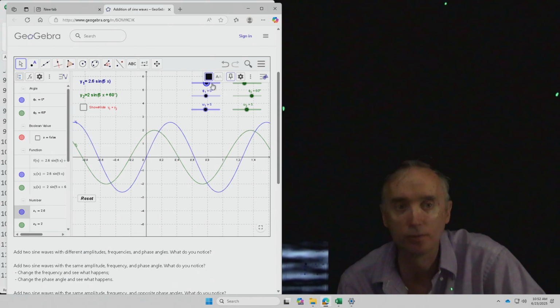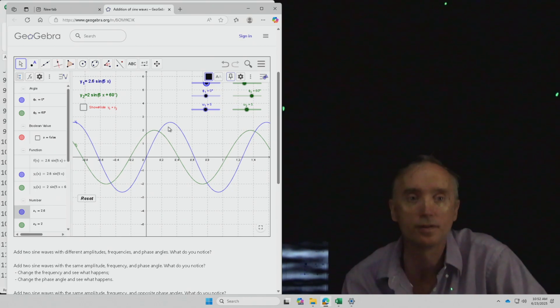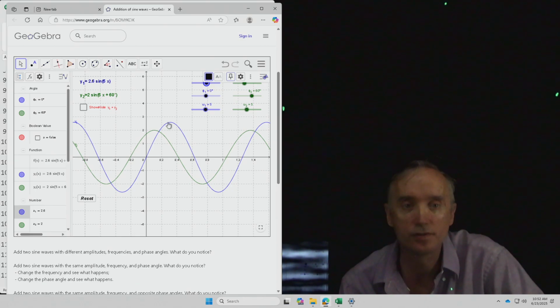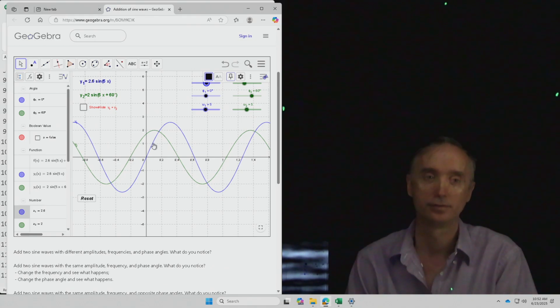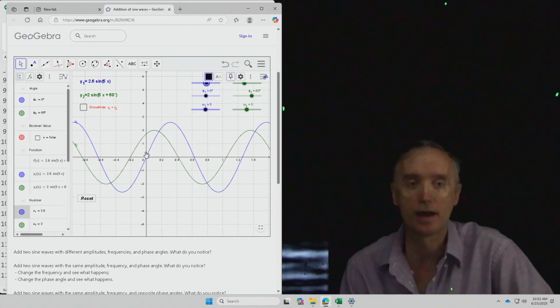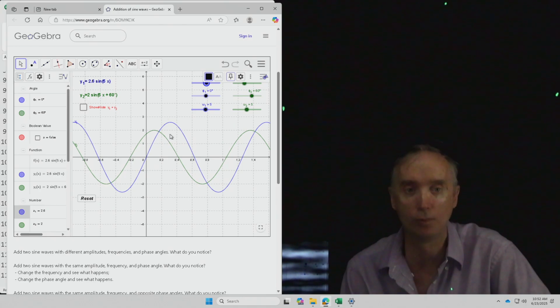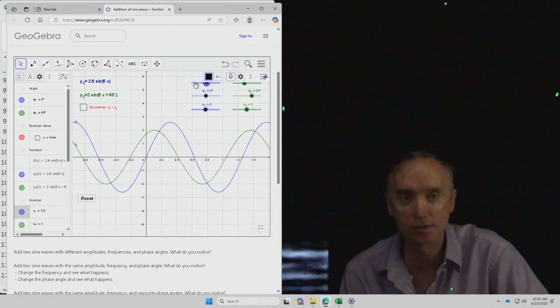Okay, so I took the blue one and I moved it off to the side, and do you see that this blue one got taller? Now you should know, what does that mean? So what did we call that? So the height of a wave was the blank of the wave. So that's what this top one does. And then you can also grab the green one and you can also change it.